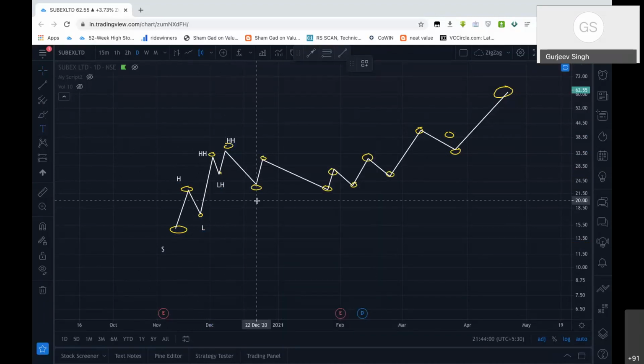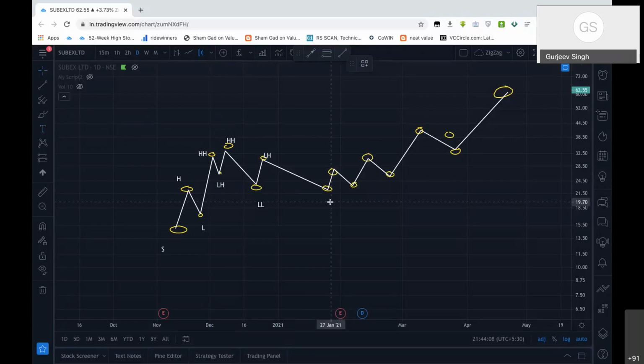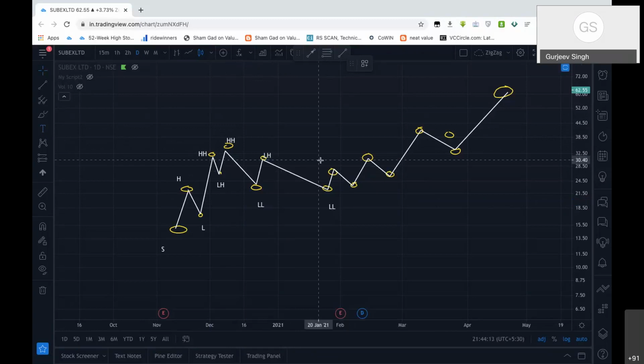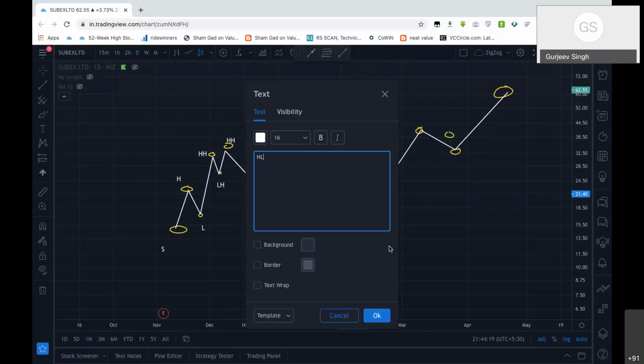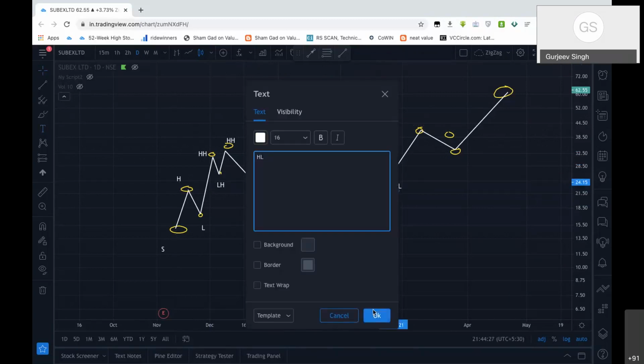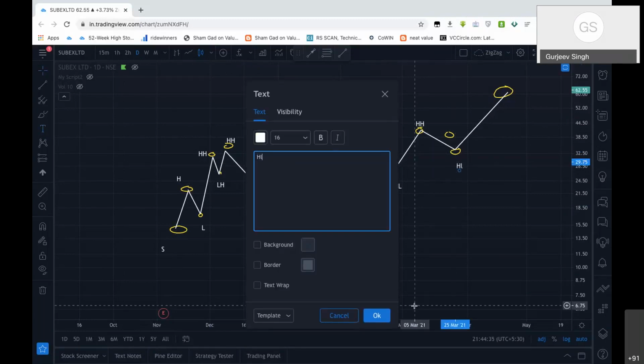This was lower low. Yes, lower high. And it went on so on.